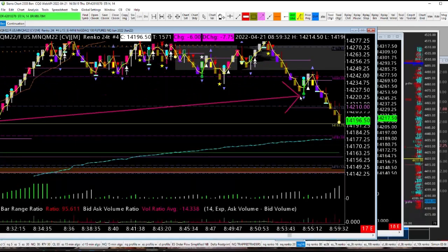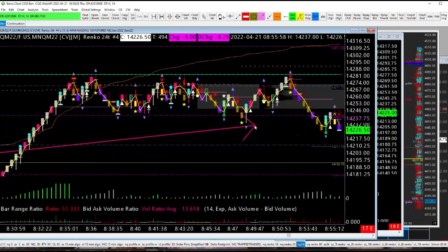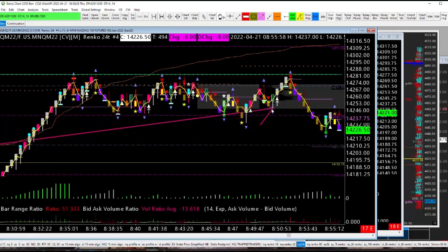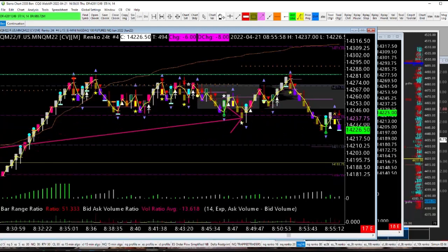Once this fails, you are almost certainly not in trend day up, because this one was underneath a power bar. See that? You broke these power bars. You got underneath them. You didn't just break price.